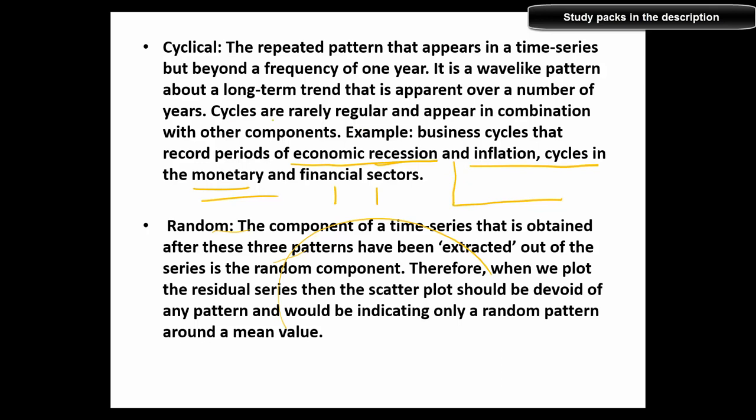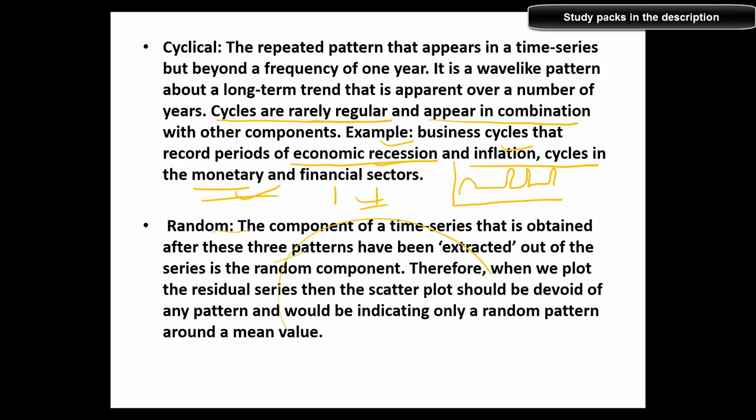And two important points: the cycles are not regular. That means you don't see it at a very regular interval of time. It could be up here, then a long time, then up here, and then suddenly another up after a long time, and there is no regularity as such. It's also related to a number of other factors, like economic recession, inflation, monetary policy changes in the country and so on.